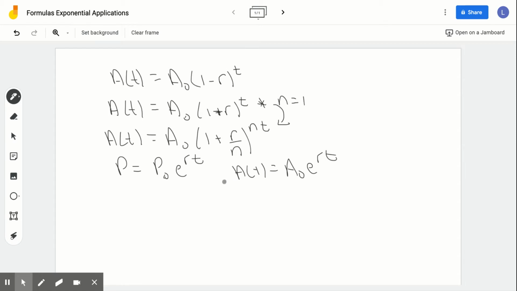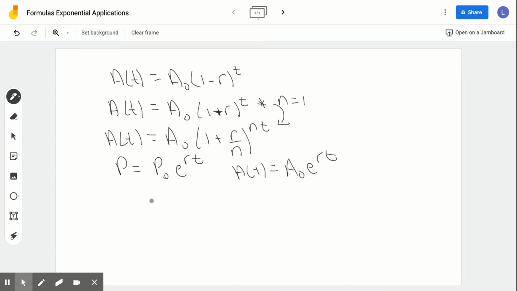And you use this formula if interest is compounded continuously, like every minute of every second of every day. R is still the rate, but you do have to change it to a decimal. It is part of the exponent, so it's e to the rt. You have an e button on your calculator. It's about 2.718, but you're not going to round that. You're just going to use the e button on your calculator.